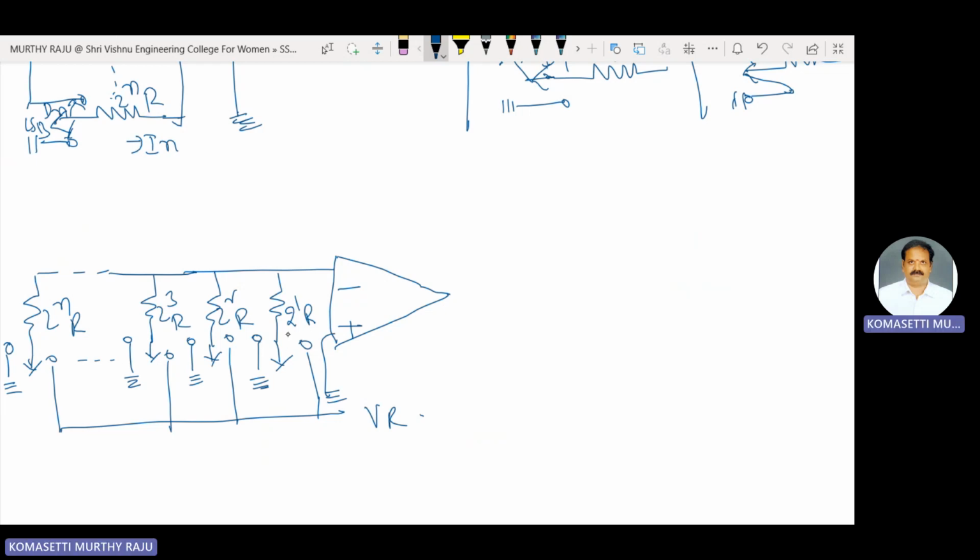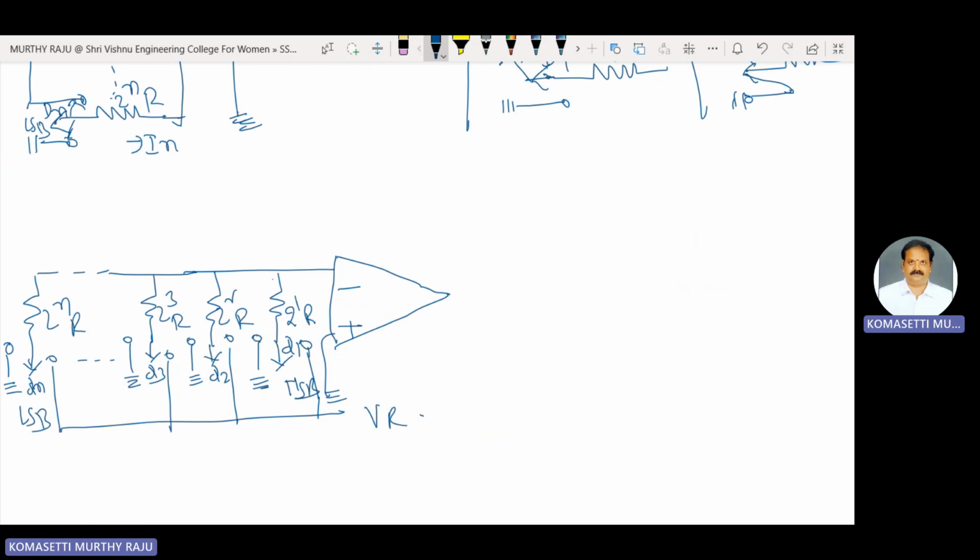Here this one is D1, D2, D3 and Dn. Here this one is the most significant bit, MSB, and this one is the least significant bit, LSB.